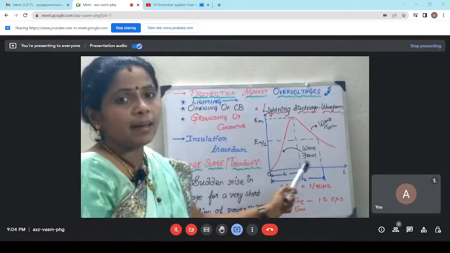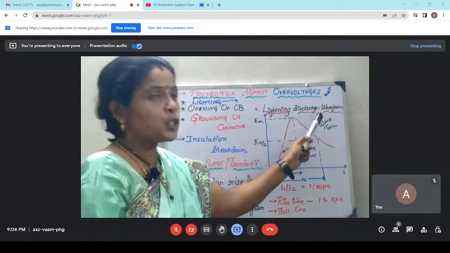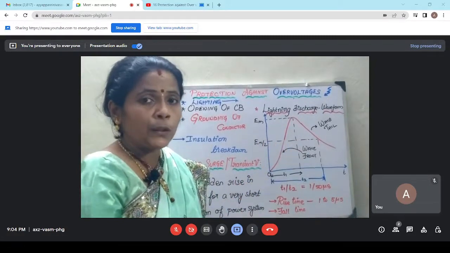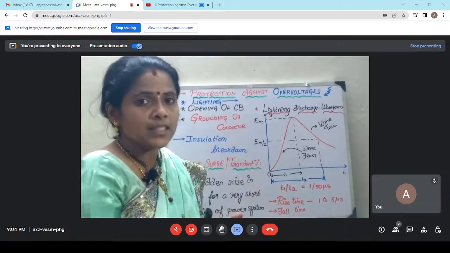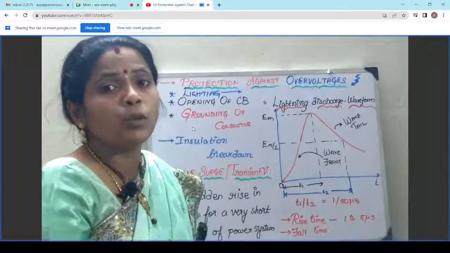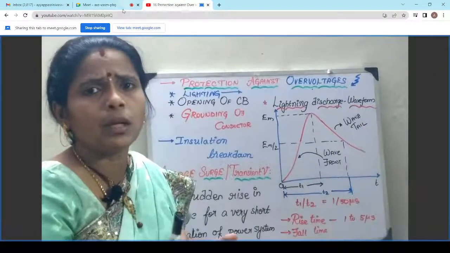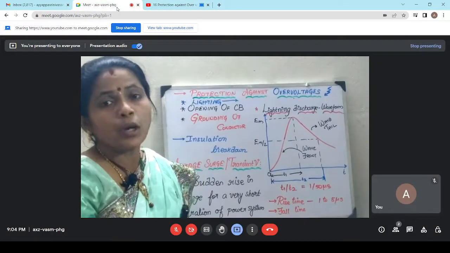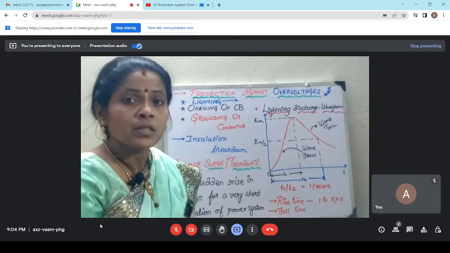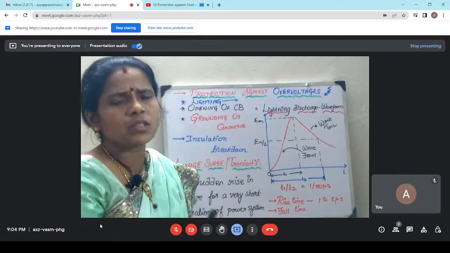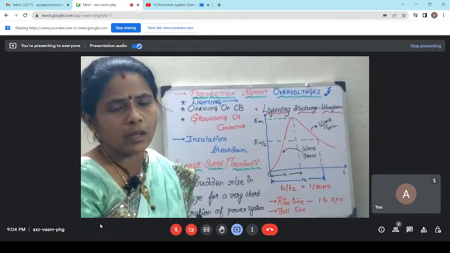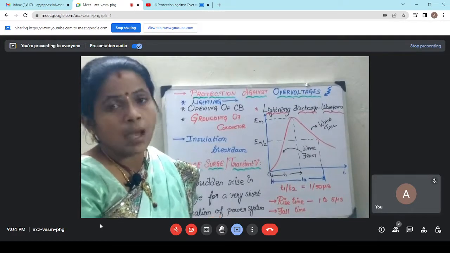Now we will analyze the lightning discharge waveform. As I told you earlier, this lightning discharge waveform is a transient. It is going to exist only for a short period of time. In this case, it is just going to be there for 100 microseconds or 50 microseconds.